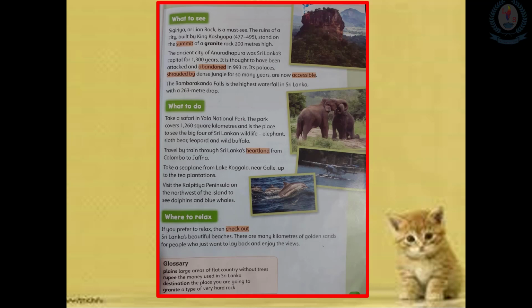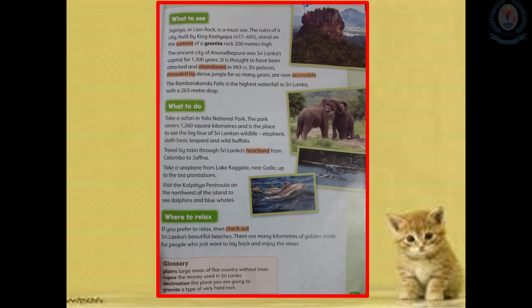Travel by train through Sri Lanka's heart from Colombo to Jaffna. Take a seaplane from Lake Koggala near Galle up to the tea plantation. Visit Kalpitiya Peninsula on the northwest of the island to see dolphins and blue whales.